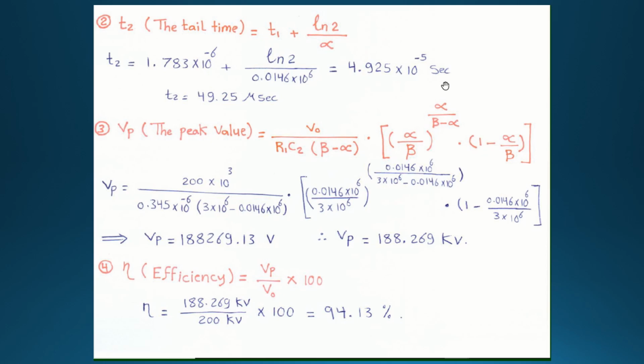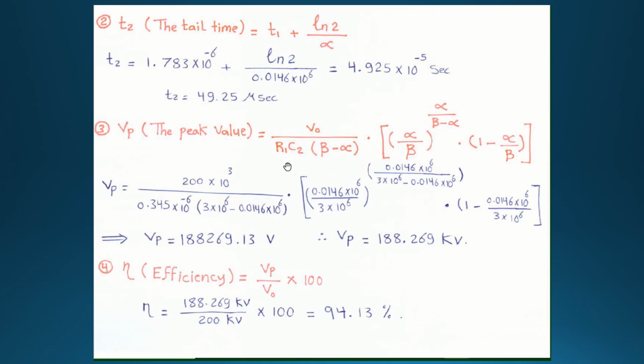So if you substitute your values here, V output is given in the question as 200 kilovolt. R1 C2 is given in the question as 0.345 into 10 to the power minus 6. Beta is given in the question as 3 into 10 to the power 6, and alpha is also given in the question as 0.0146 into 10 to the power 6.